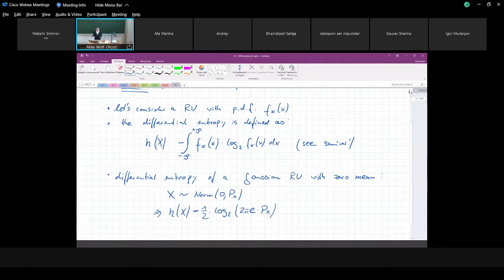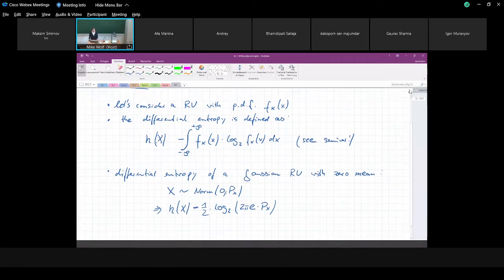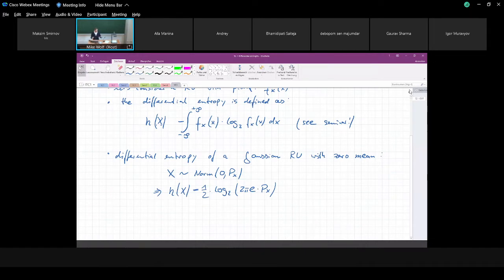Of course, only if it's zero mean. If we add a DC here, this has no contribution to the entropy. You remember from the seminar? So we inserted a Gaussian distribution with a mean of zero. This is, you could say, in bits per symbol.